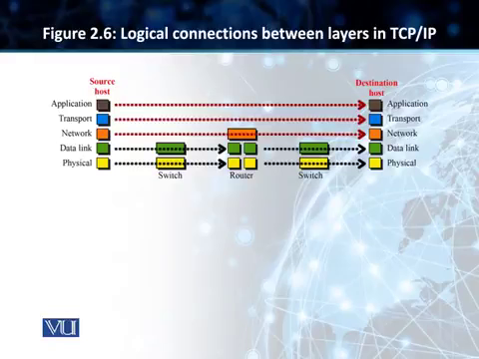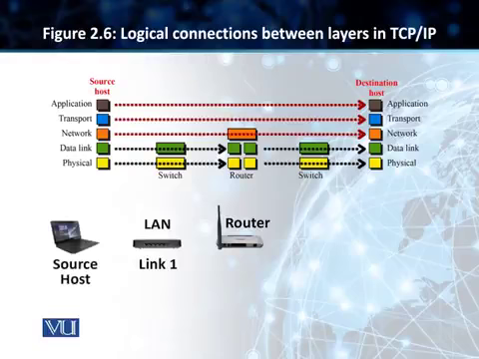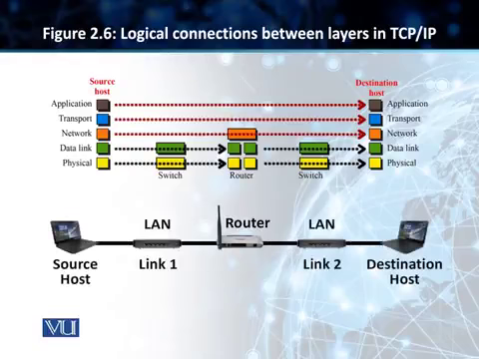Students, the bottom layers, the physical and the data link layers. As you can see, the logical connection does not span the whole of the path that the upper layers took. It is from the data link layer on one end to the switch or the router that's sitting in between.